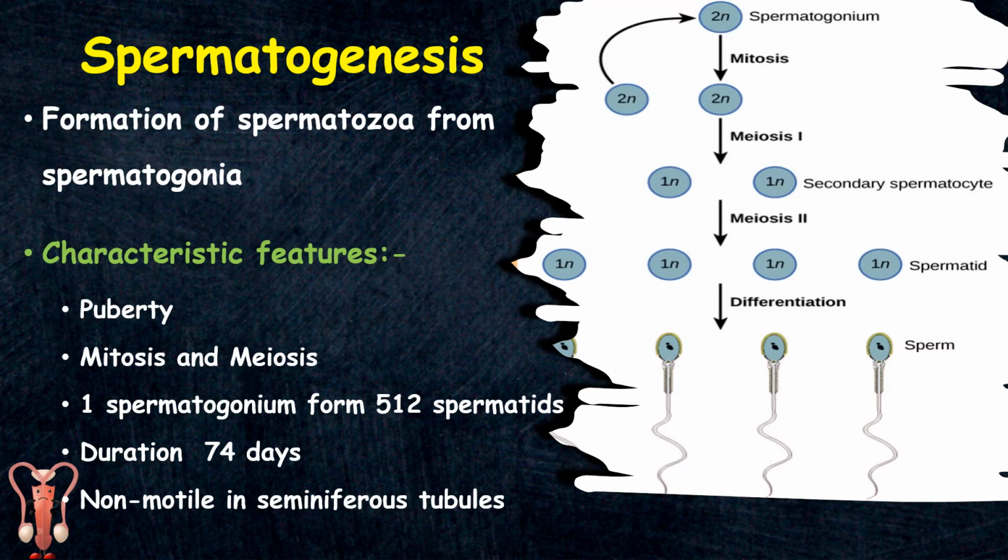The spermatozoa formed in the seminiferous tubules are non-motile structures. The spermatozoa then undergo maturation while passing through the male genital tract, and they acquire the ability of fertilizing an ovum.